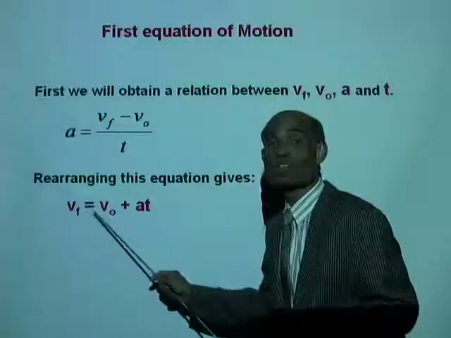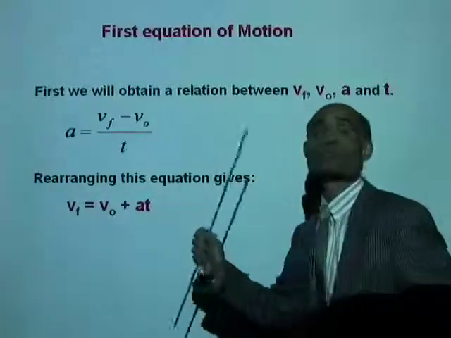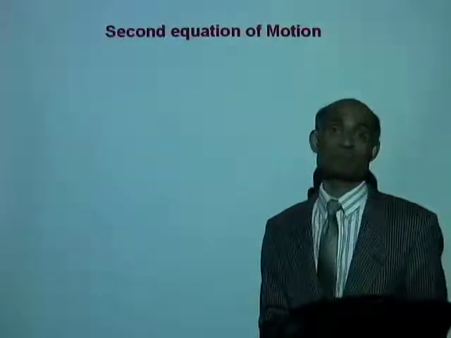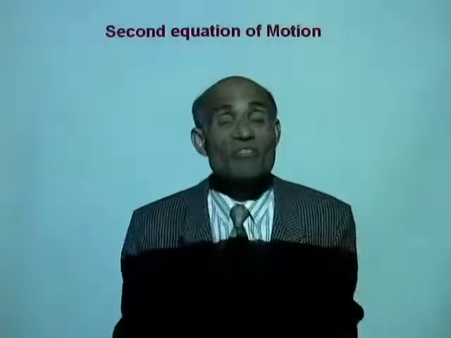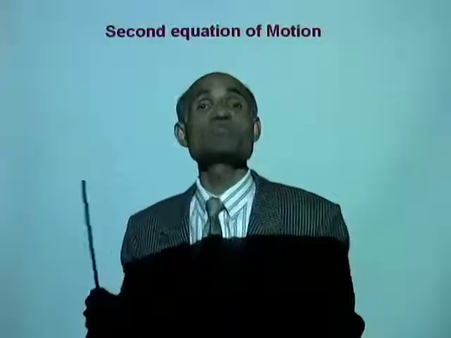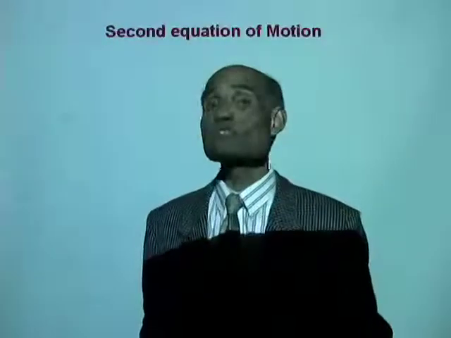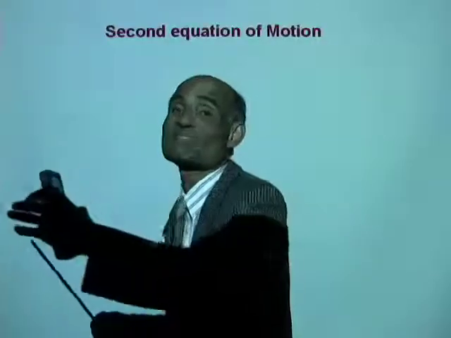Final velocity equal to initial velocity plus acceleration multiplied by time. This is the first equation. What is the first equation? Vf equal to V0 plus at. Or I will simply sometimes say v equal to V0 plus at.